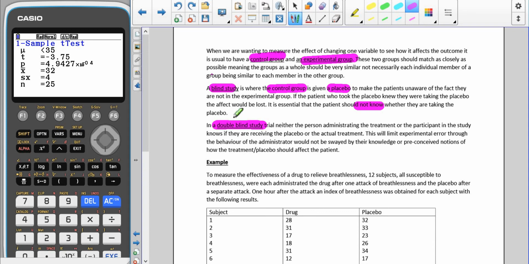So in a double-blind study trial, neither the person administering the test nor the participant in the study knows whether they are receiving a placebo or the actual treatment, and this limits experimenter error through the behaviour of the administrator. It would not sway the knowledge or preconceived notions of how the treatment or placebo should affect the patient.